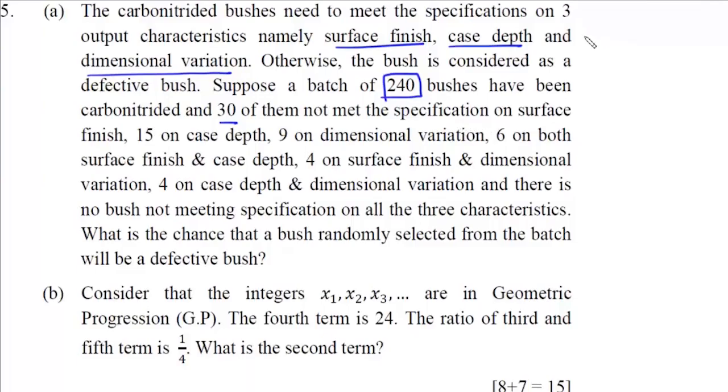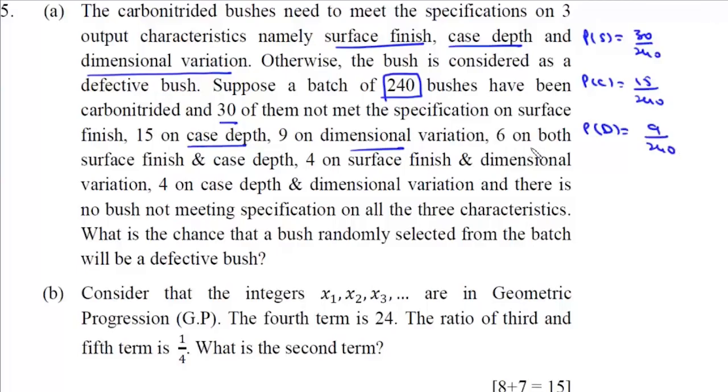So the probability that the bush is not going to meet the surface requirement is 30 by 240. And if it doesn't meet the case depth requirement, that is PC, the probability is 15 by 240, and dimensional variation, suppose PD, will be 9 by 240.